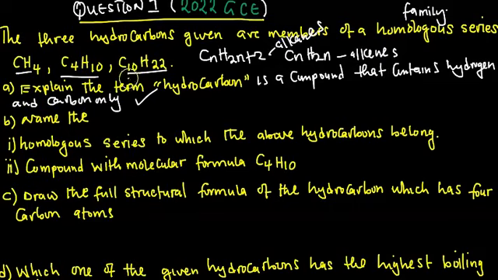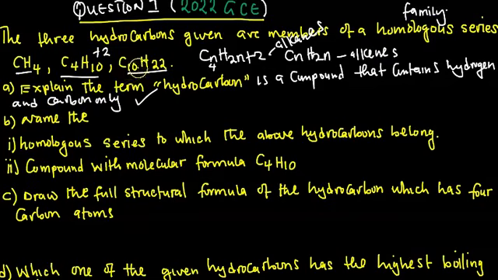Now look at this. What is happening? The number of carbon is 2. The number of carbon is 4. The number of hydrogen is double the number of carbon, but plus 2. What I'm saying is that the number of carbon is 4, but here there's 10. From this, because this n represents the number of carbon, if you have 4 carbons here, 2 multiplied by 4 plus 2 is 10.